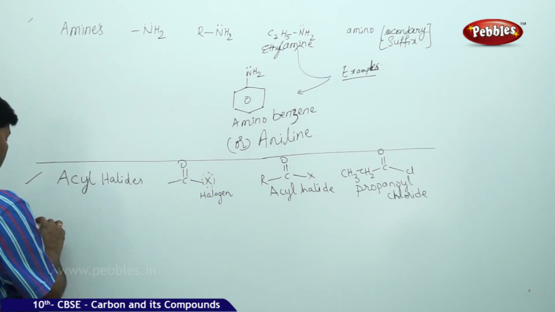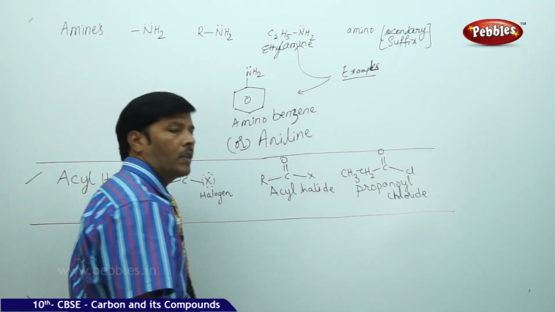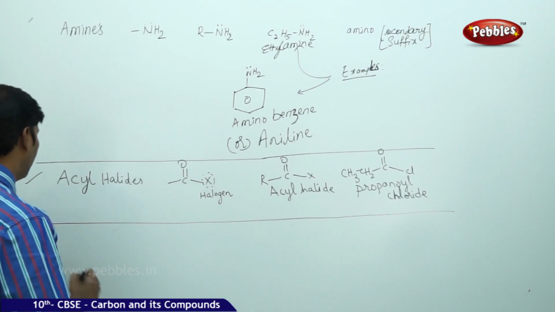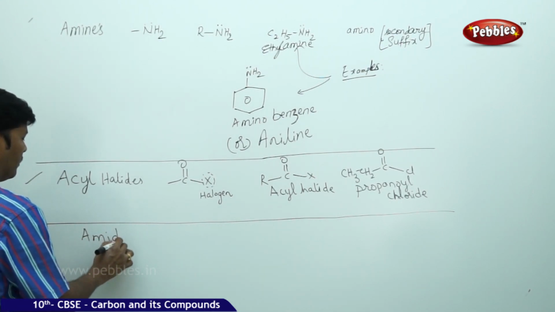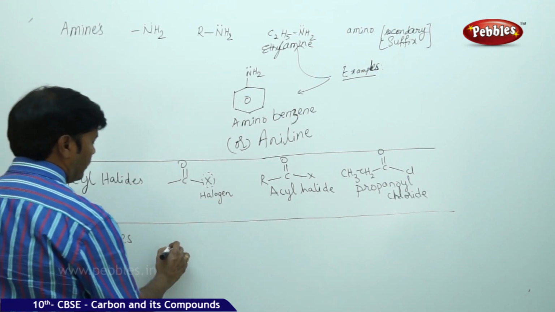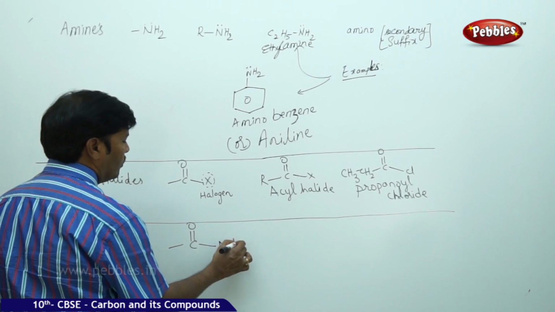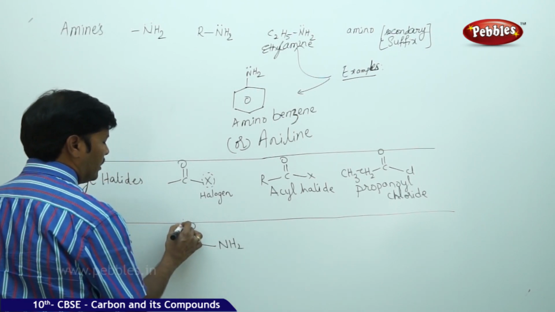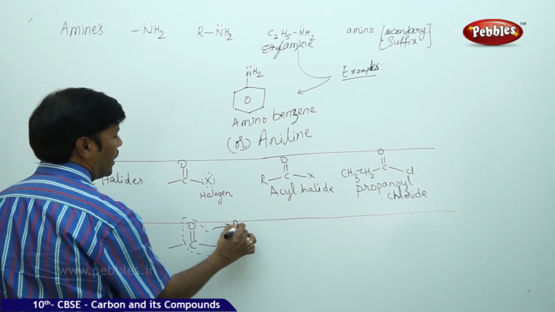Likewise, you can take one more class of compound, that is amides. General formula, carbon double bond oxygen NH2. This is the whole structure, call this an amide.